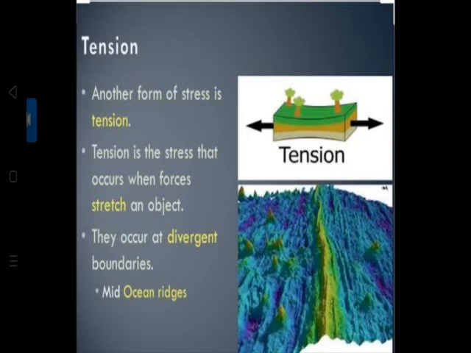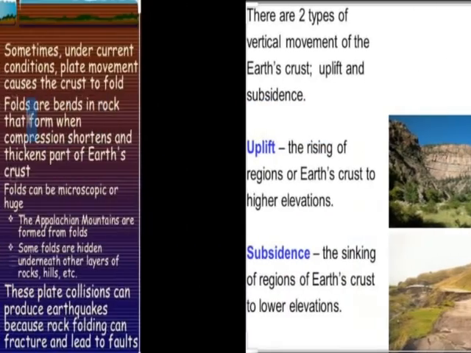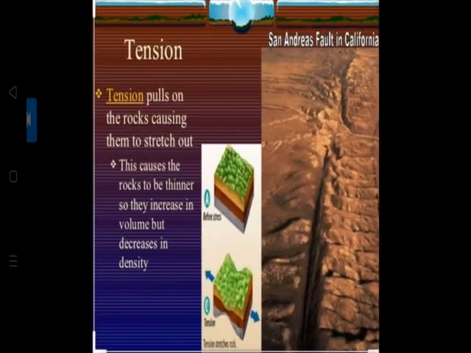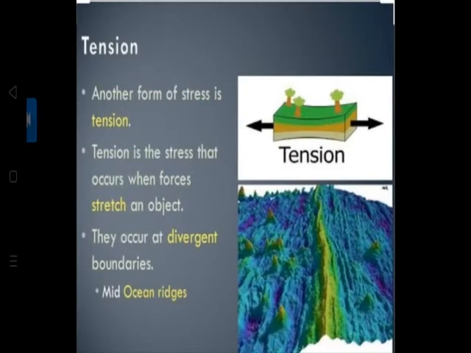They occur at divergent boundaries. Some time back I showed you all what divergent is. How does divergent look? This is the way divergent looks. So they are diverging. Tension is the stress that occurs when forces stretch an object. They occur at divergent boundaries, the mid-ocean ridges.